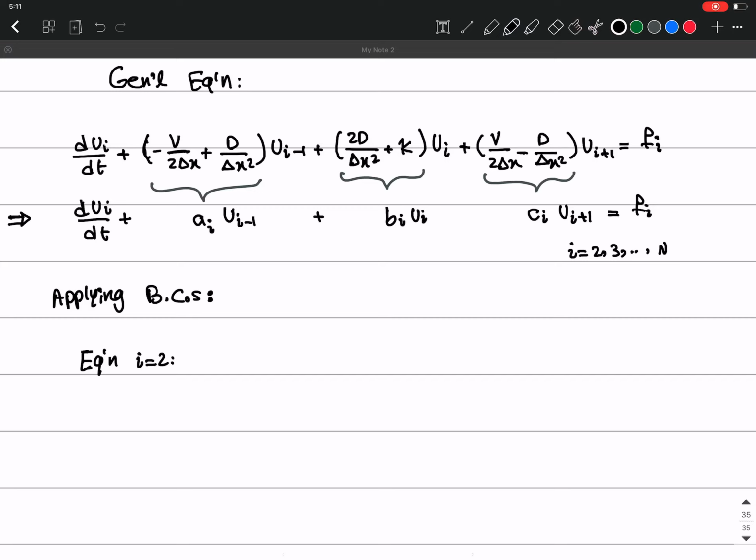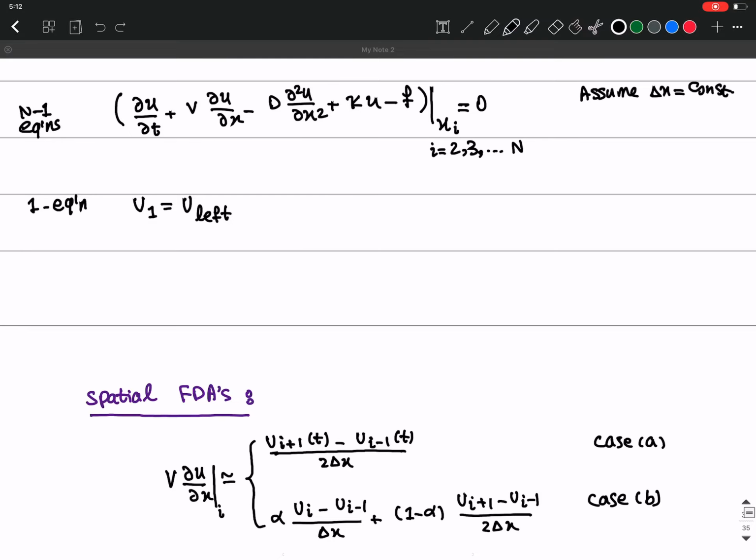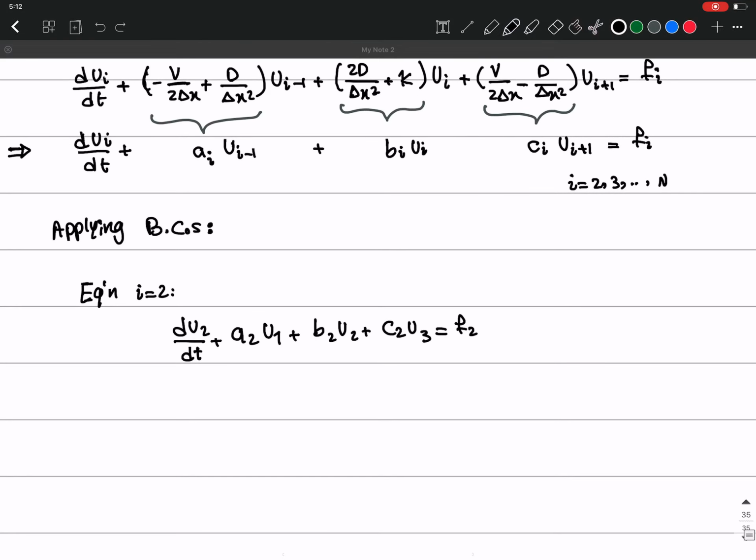So I have du_2 over dt plus a_2 u_1 plus b_2 u_2 plus c_2 u_3 equals f_2. And we know from here that u_1 equals u left. So I just write it down there: u_1 is u left. So I will just move the whole thing onto the right-hand side of this equation.